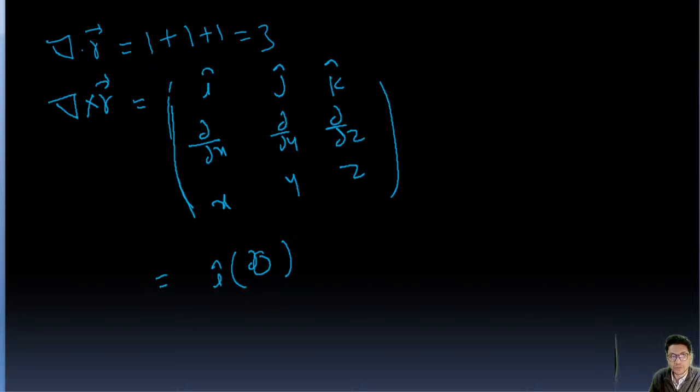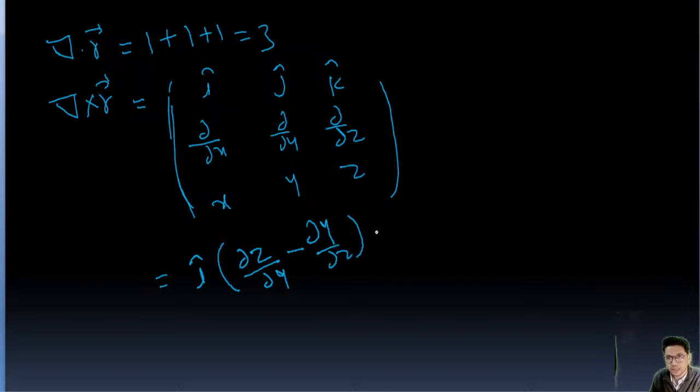So not 0 actually. So i cap, this is going to be del z over del y minus del y over del z, minus j cap.